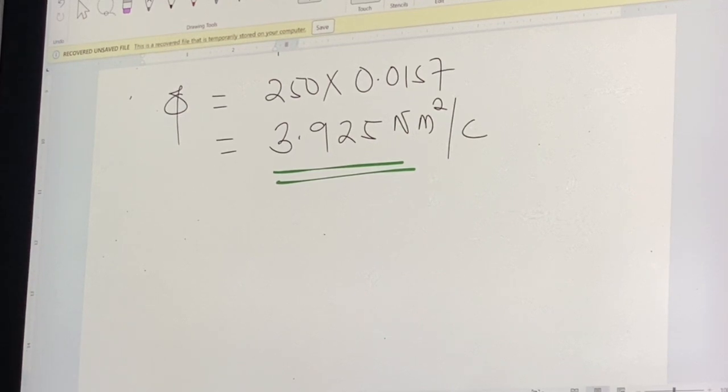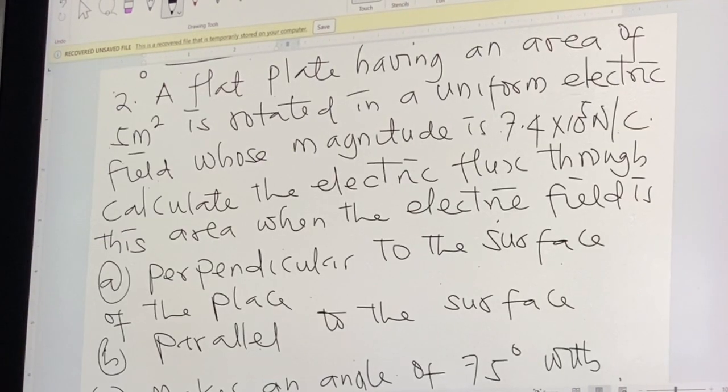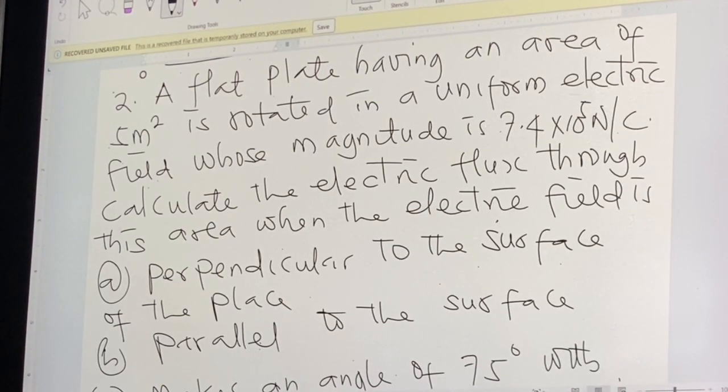Let's solve the next question here in regards to Gauss law. Please write question 2. Let's solve question 2 here on Gauss law. Before we solve this question here, let's understand the question perfectly.